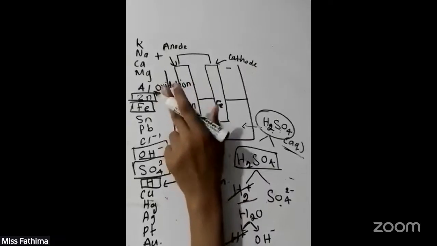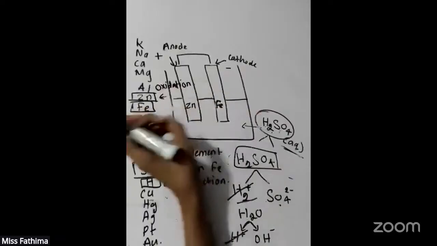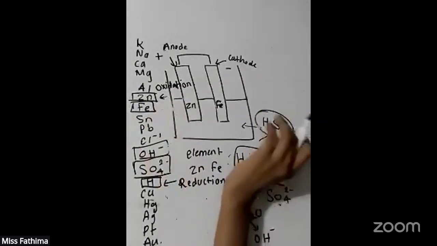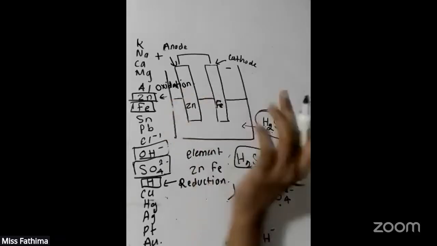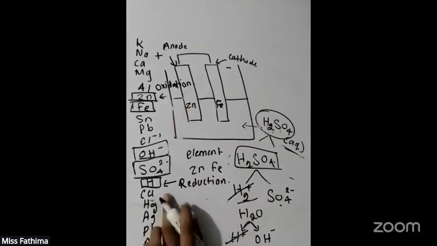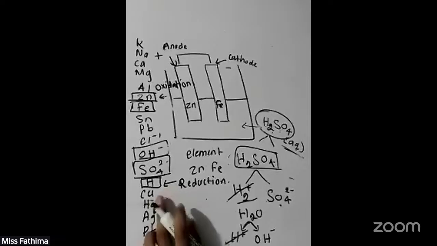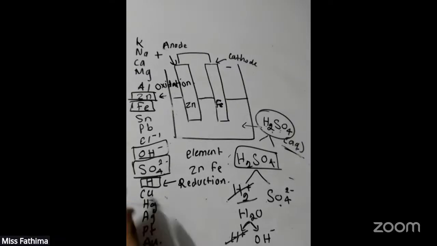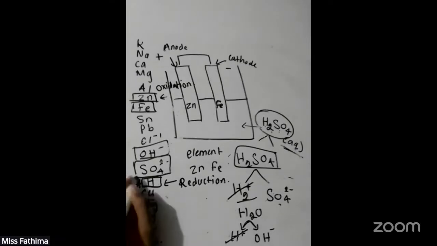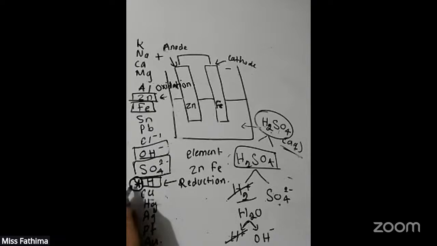Zinc is the species that will lose electrons and undergo oxidation. At the bottom, you can see hydrogen. Hydrogen will undergo reduction. Remember one thing, children, mostly hydrogen will undergo reduction.